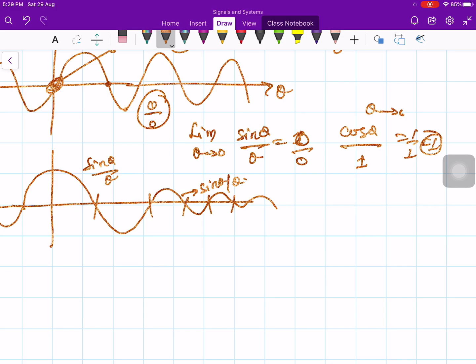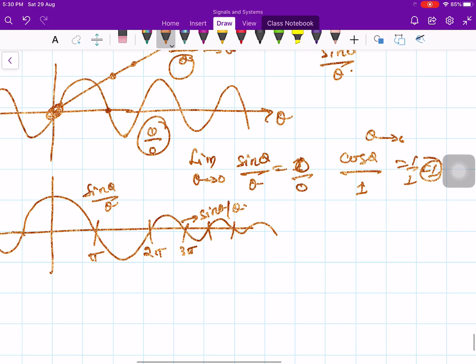At every crossing, like sine pi, sine 2 pi, it becomes 0. This is pi, this is 2 pi, 3 pi, and so on. So it starts at 1 and exhibits oscillations with decreasing amplitude. If you trace the peak, the amplitude is decreasing, and on the negative side also the amplitude is decreasing.